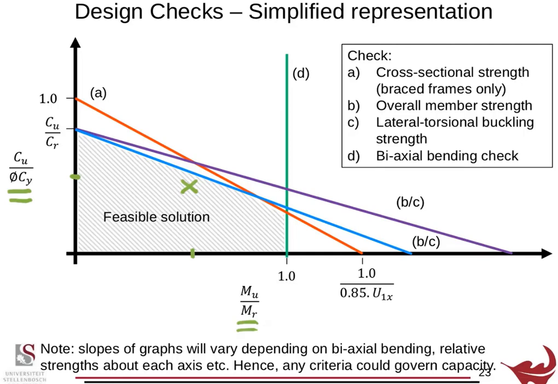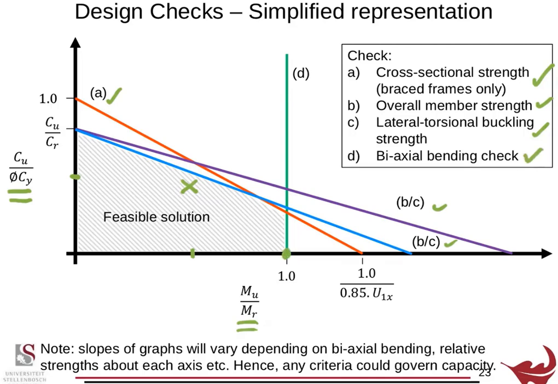We now need to check for the different interactions about the different axes and make sure they fall into this feasible zone here. So we check, does it satisfy cross-sectional strength? A. Does it satisfy overall and lateral torsional buckling strength? B and C. And then does it satisfy biaxial strength? And so that is for low axial stresses.